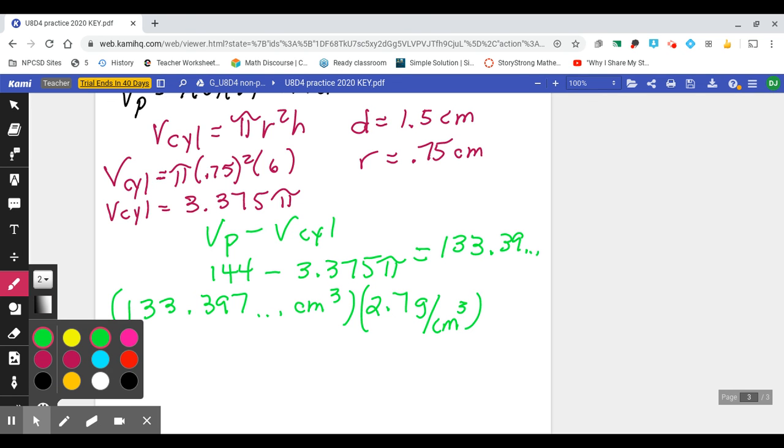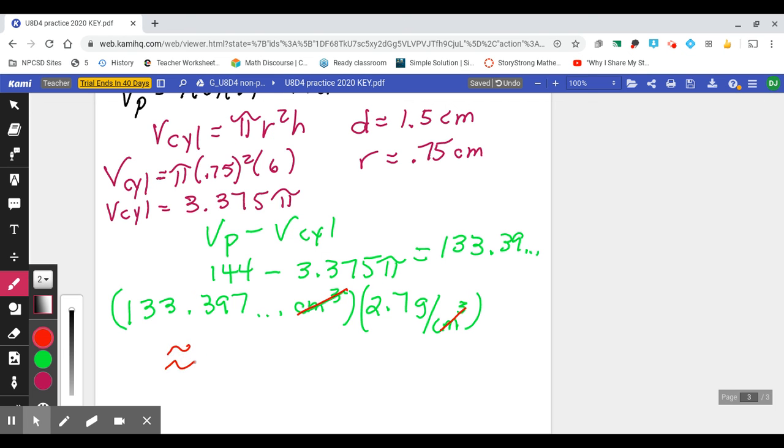You can see once again that those cubic centimeters divide out, and that is how we get the grams of weight. So just keep that number in your calculator and hit times 2.7, and we get about, our mass is going to be about 360.17 dot dot dot grams.